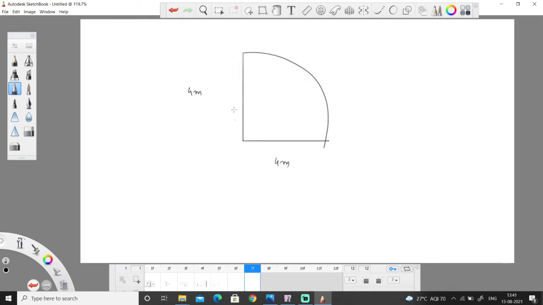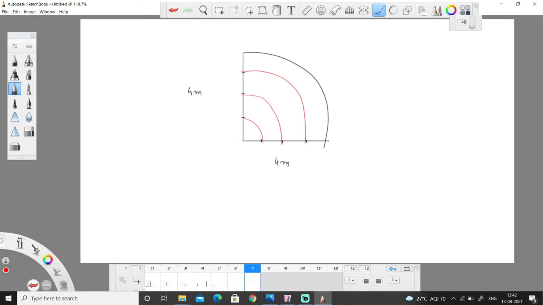If I divide this radius into 1 meter steps, there will be 4 segments of this radius like this. And if I join these points, say I'm joining them by a red line, this is the first, second, third and fourth one.